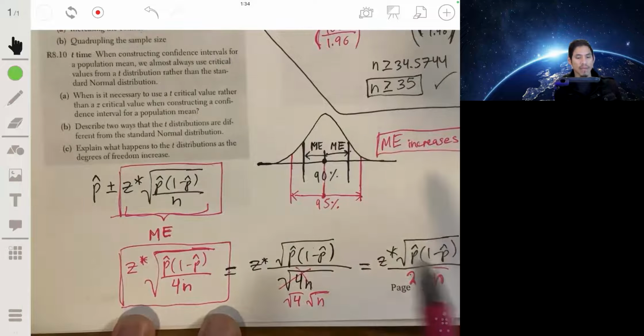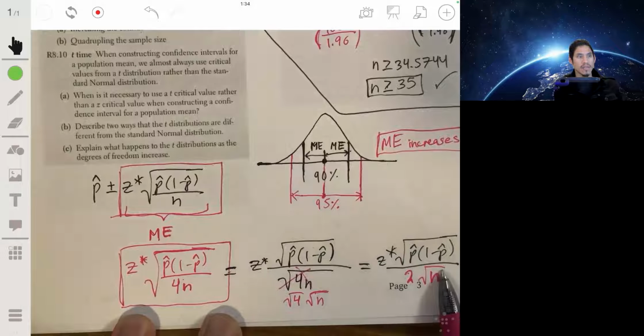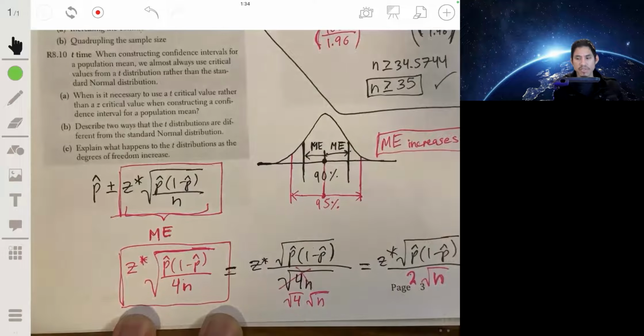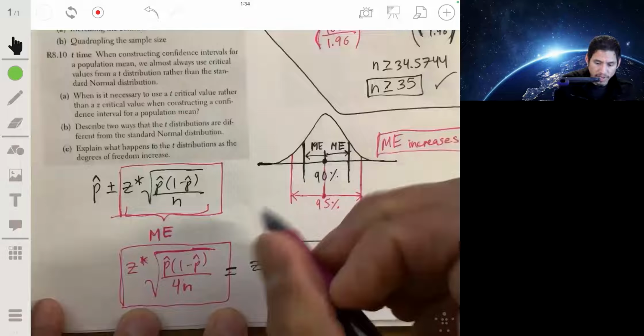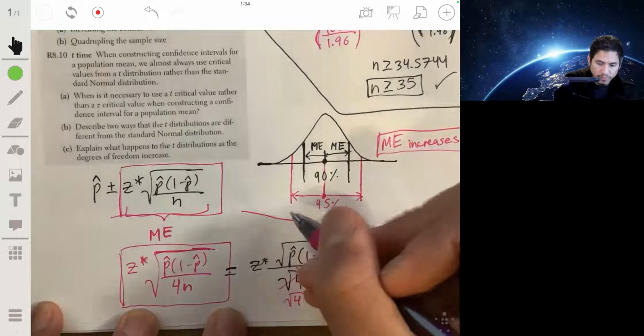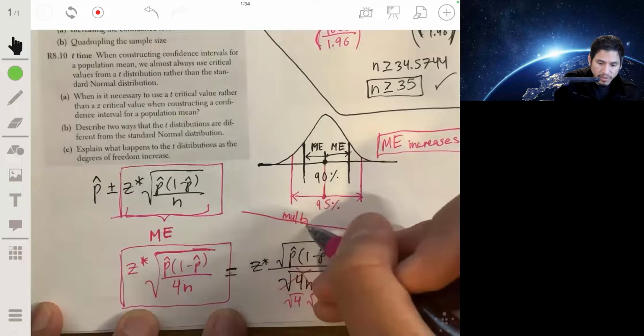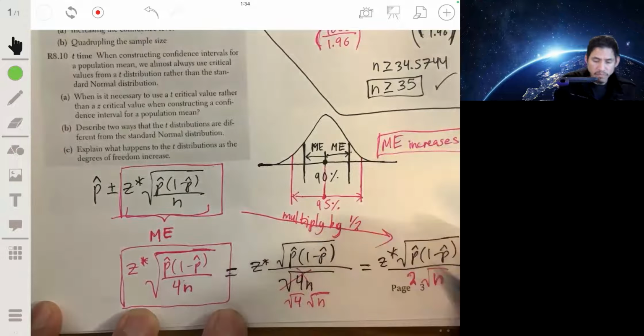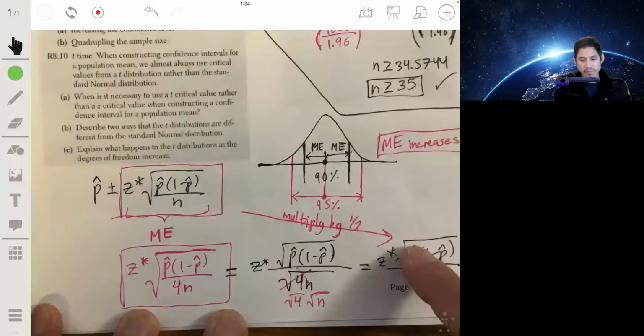And if you look at what this is compared to that, what we do to this to get to here is all you do is multiply by 1/2, because 1 over 2, that's the same as what we have here.